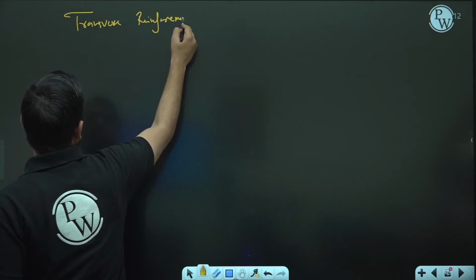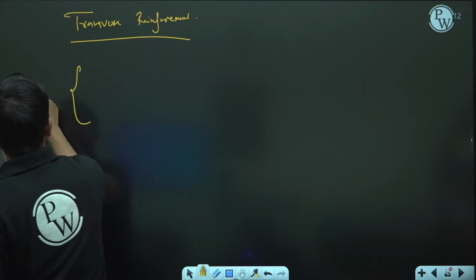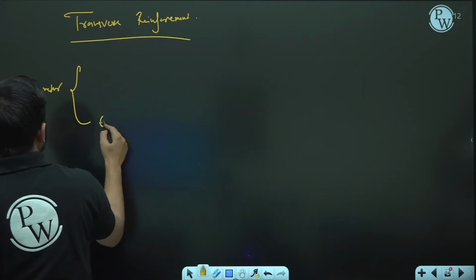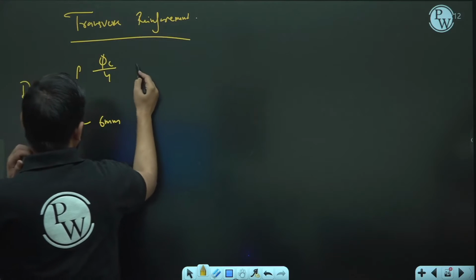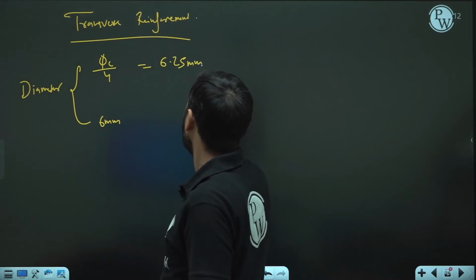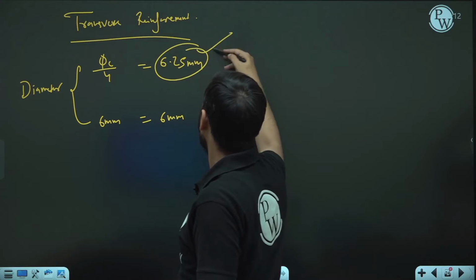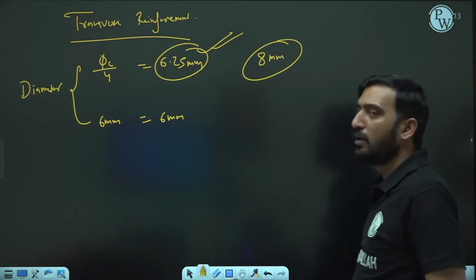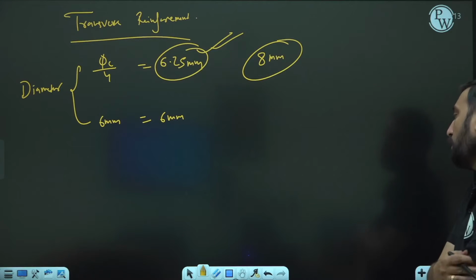The diameter of the transverse reinforcement can be decided based on two parameters: one is 6 mm and another is phi by 4. Putting 25, phi by 4 comes out to be 6.25 mm, and the other is 6 mm. So what is greater? Greater is this one. So we will be using 8 mm because in any case we cannot come below 6.25.